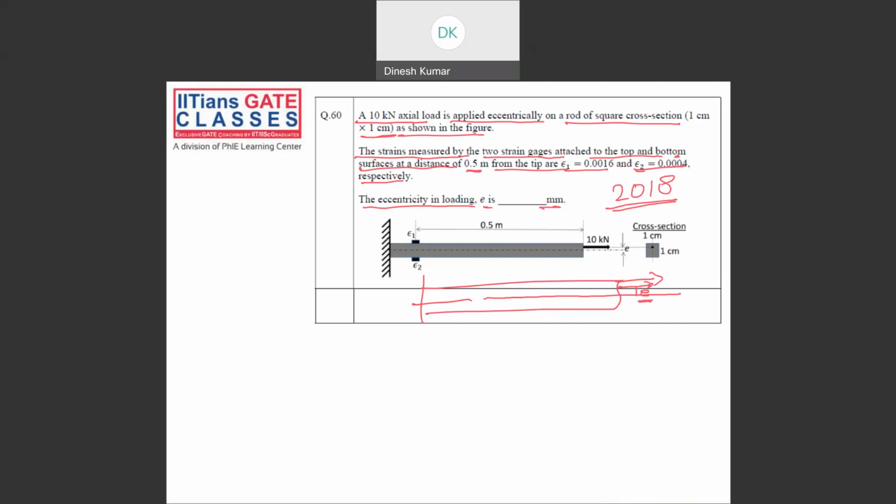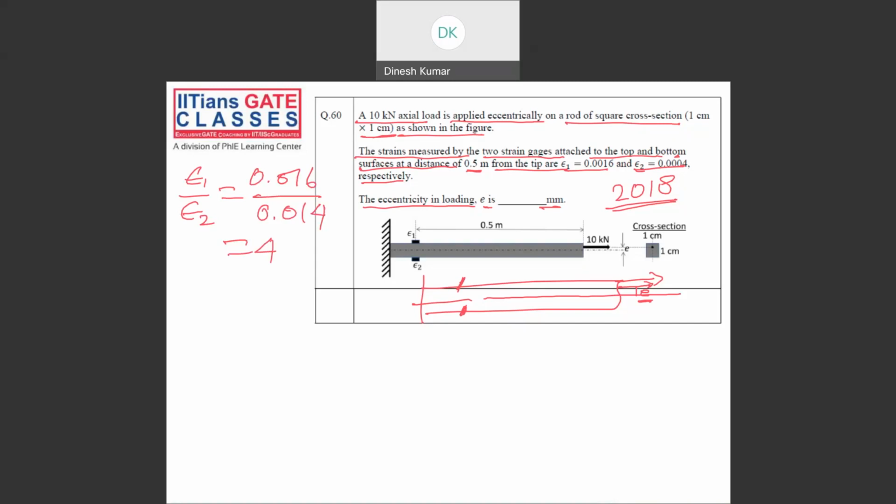They have given strain at these locations. So you can see what is given: epsilon 1 upon epsilon 2, given as a ratio. If you find it, it is 0.016 upon 0.014. So it comes to be 4.